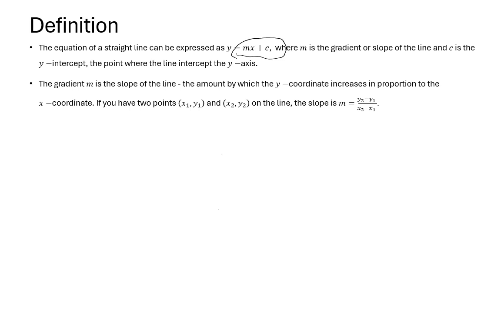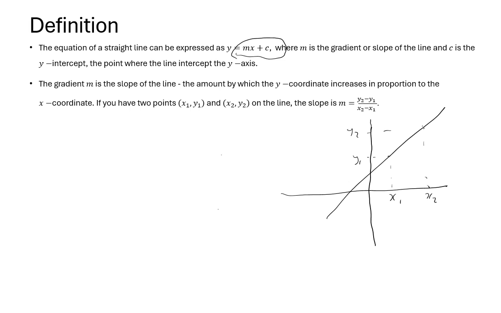So like here, let me just write a simple graph. Maybe you have a line like this, and maybe this is x1, this is x2, this is y1, this is y2. So you have 2 points.